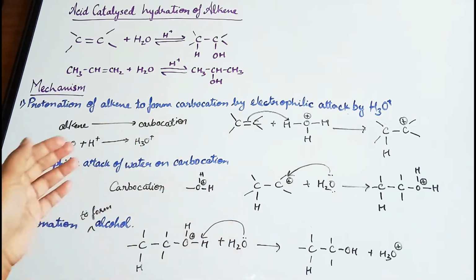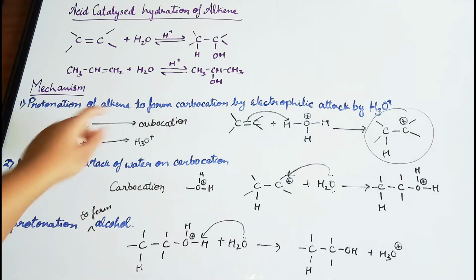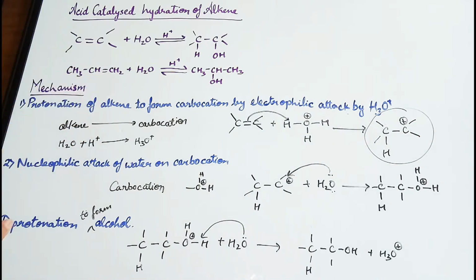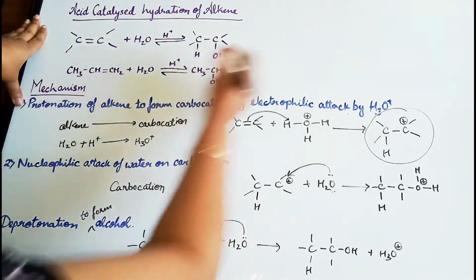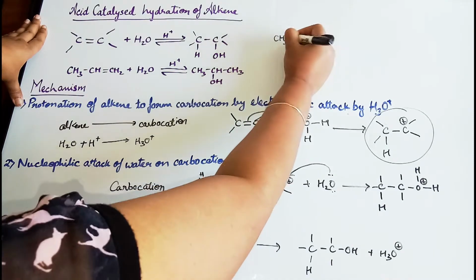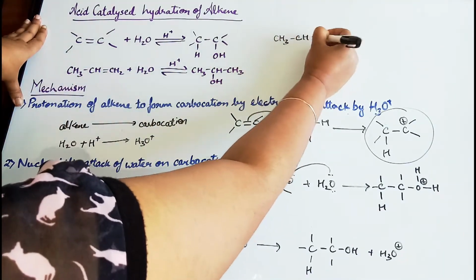Now the reason we said that the mechanism follows the Markovnikov's addition is because of the stability of the carbocation. Now let's take this particular molecule for example. Okay, there are 2 ways that this could have happened, right? The alkene could have broken in 2 ways.